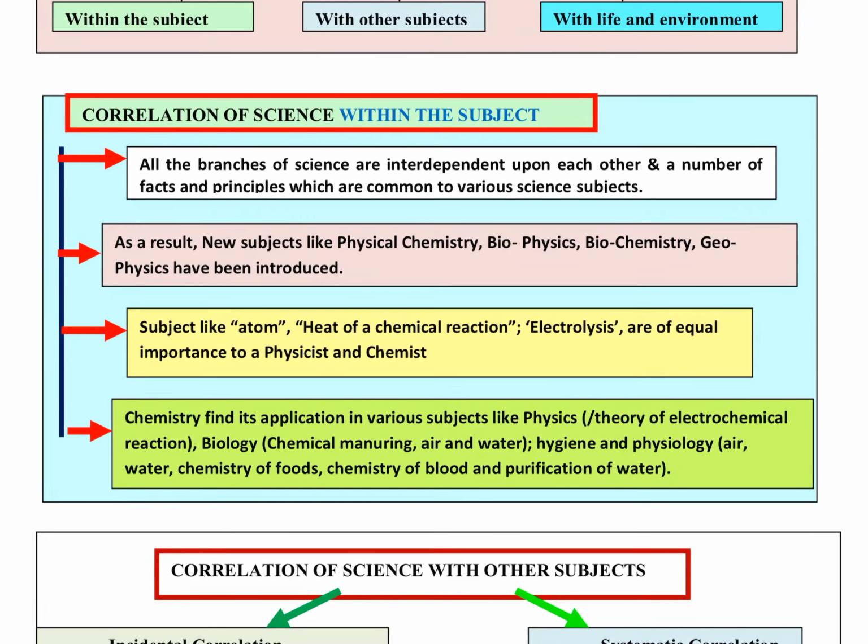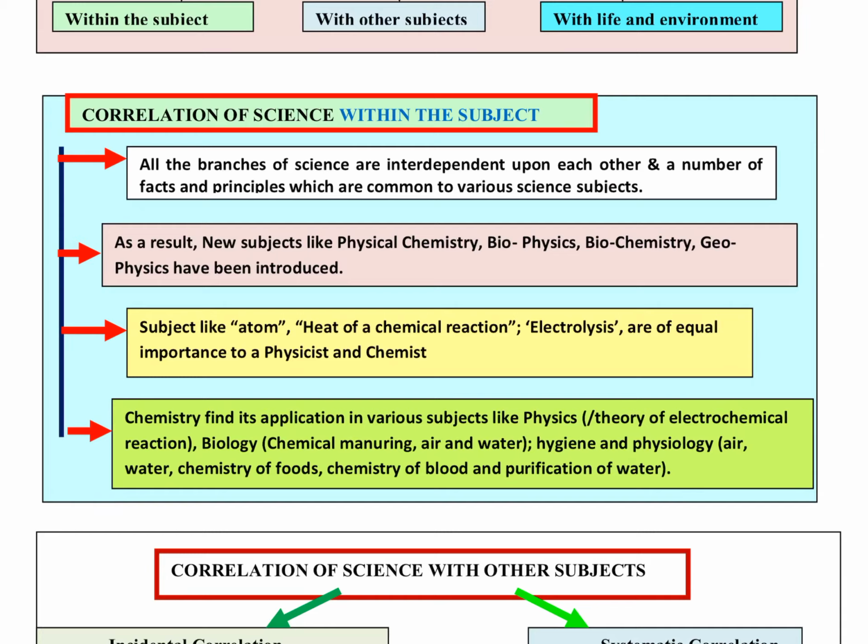Another factor is, as a result of new physics, a lot of inventions and correlations with other subjects, especially within science only. Physics has a strong correlation with the knowledge of chemistry, and biology also has to take the help of physics and chemistry, even the study of geology also needs knowledge of physics, and these are very important.